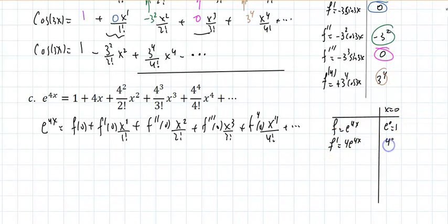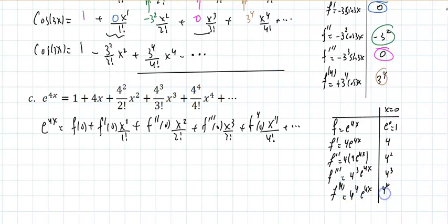At 0, that's 4. f double prime, 4 times e to the 4x, derivative of that, e to the 4x times 4. At 0, that's 4 squared. Again, we don't multiply those because we're trying to figure out a pattern. That's going to be 4 cubed e to the 4x, that's 4 cubed. Maybe one more for the heck of it. That is 4 to the 4 e to the 4x. At 0, that's 4 to the 4.